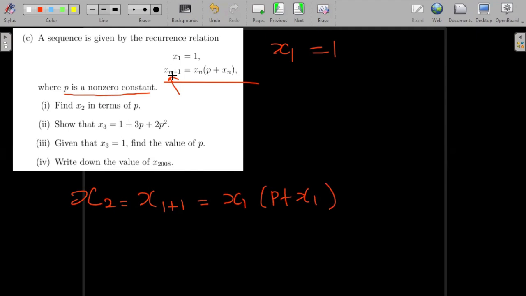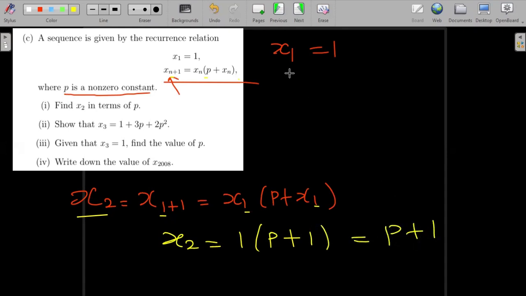You can see wherever there was n there, I've put 1. So this is our x2. x2 will just be equal to x1, which is 1, and then p plus 1. So this will just be p plus 1. So I'll write here x2 is p plus 1.